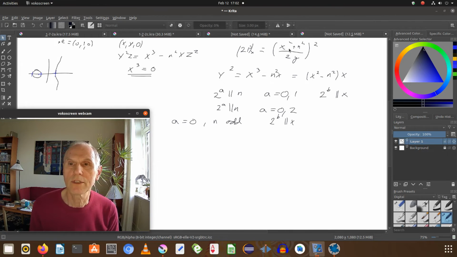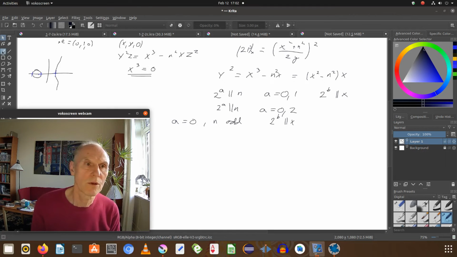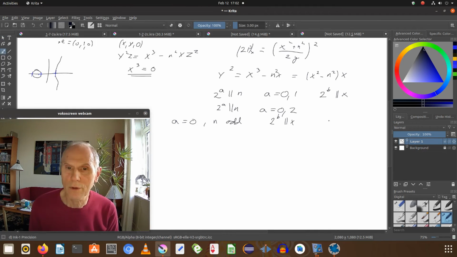Now, this was odd, so we will have an even denominator. Now, b larger than naught.